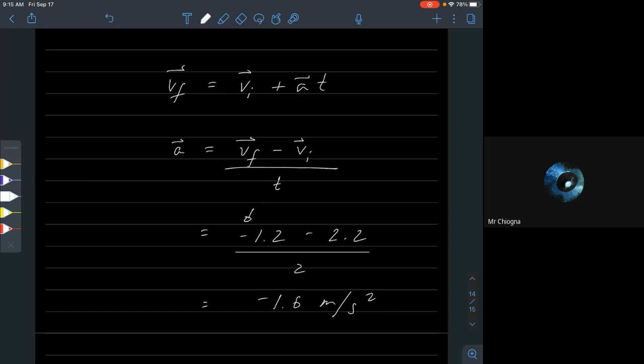Crap, did I print the wrong stuff? No, I didn't. Good.